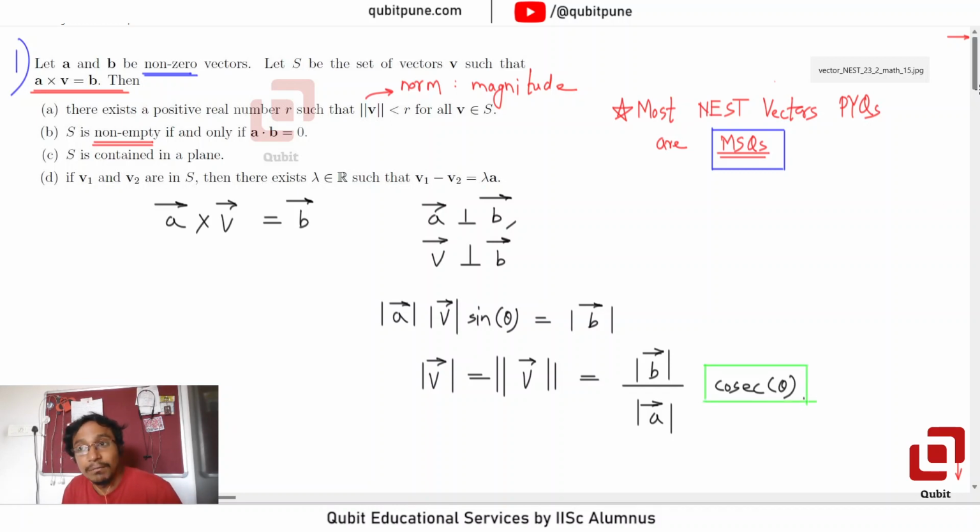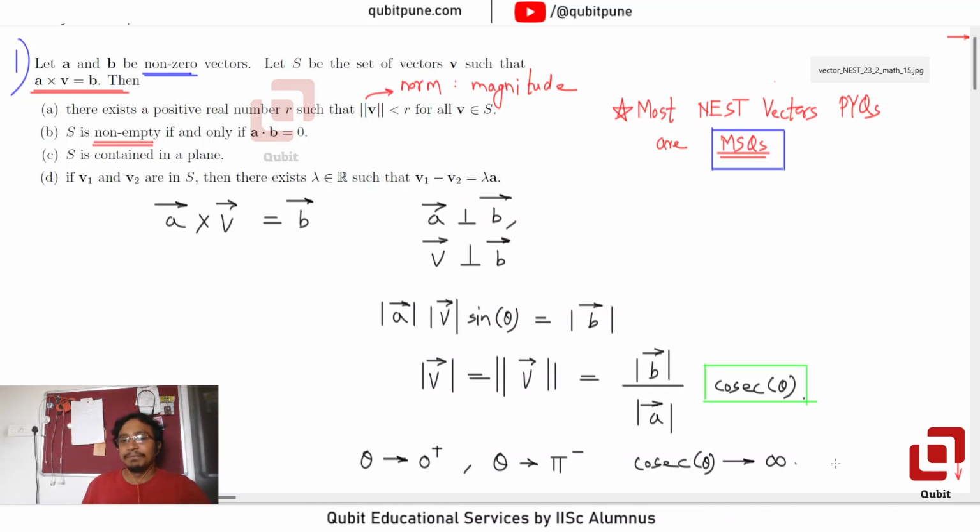We know that as theta tends to 0 from right, or let's say as theta tends to pi from left, what happens to cosec theta? Approaches infinity. वो sin theta 0 के पास चला जाएगा तो cosec theta infinity होगा. And we have deliberately written these things here, 0 plus and pi minus. Cosec theta tends to infinity. So can we say that the magnitude of the vector V bar will be bounded? No.